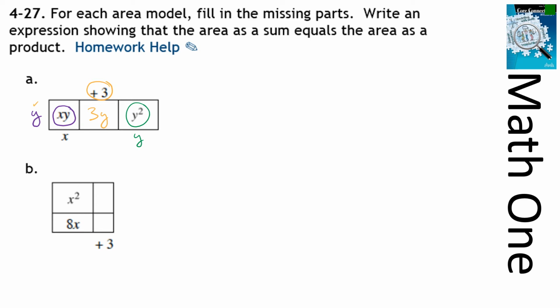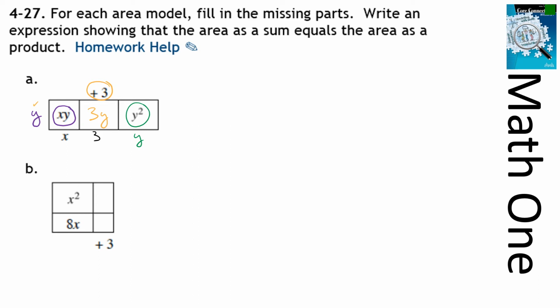So if I look at it, I've got two dimensions for this rectangle, right? One of the dimensions is y. The other one is x plus 3 plus y. So if I was going to write this as the area as the sum, I'm sorry, I didn't even write that down.